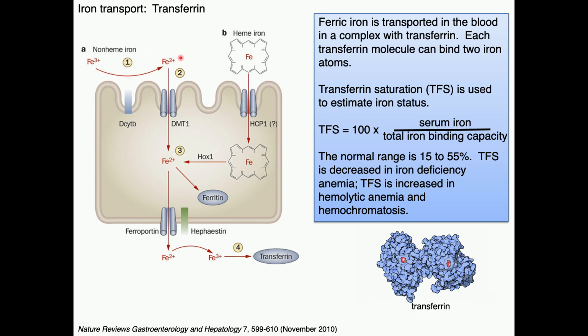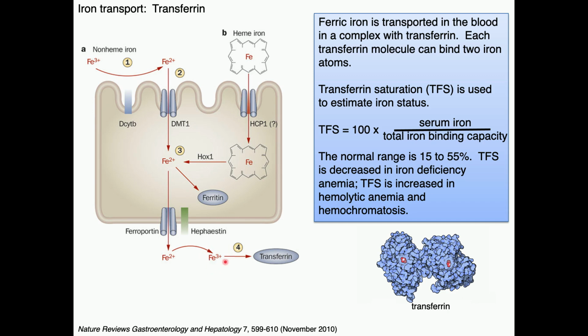So we had ferric iron being converted to ferrous iron and going through DMT1, and then heme iron going through the heme transporter and heme oxidase releasing ferrous iron going through ferroportin, and then hepcidin, this is that copper-dependent oxidase, is converting the ferrous iron to ferric iron. So I think we're at right here in our story.